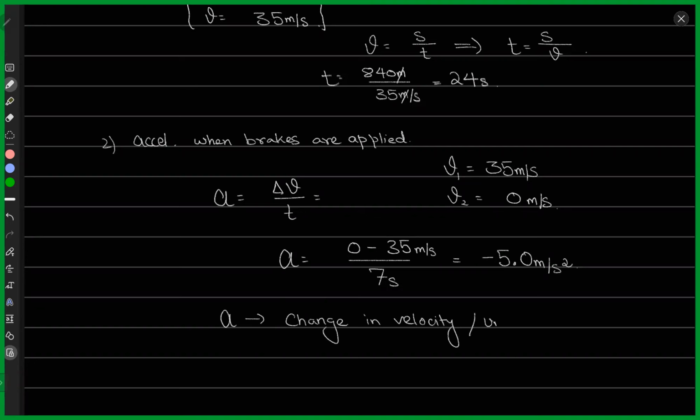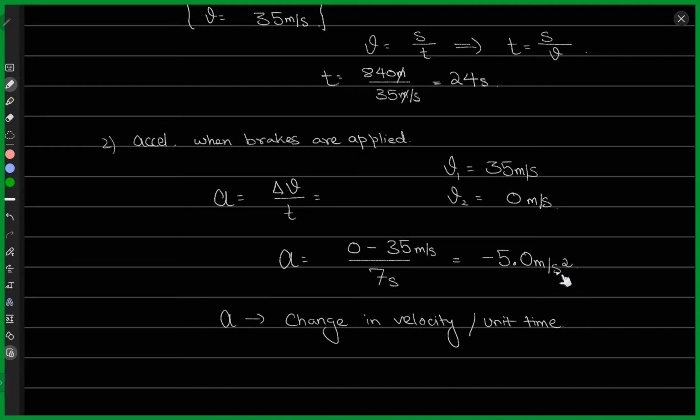So this result, minus 5.0 meters per second squared, means that every second that passes, 5 meters per second would be cut off from the speed of the car.